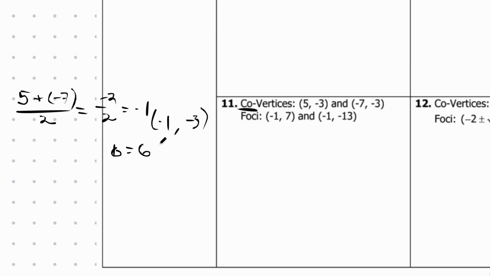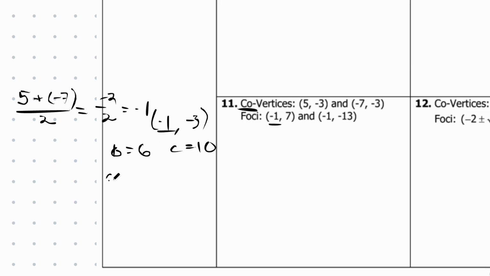And at this point, now we also want to find our c value, because we're given our foci. We have a constant value for our x value between our center and our foci. So now we just need to find the difference between -3 and 7 and -3 and -13. That just is going to be 10. So c equals 10.